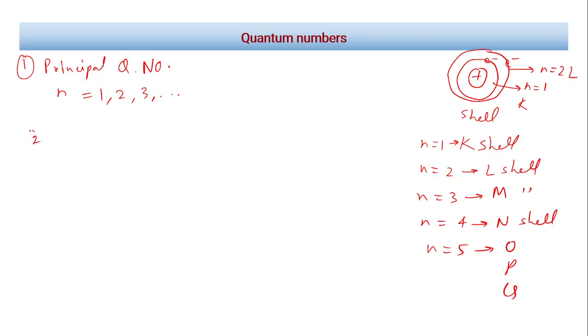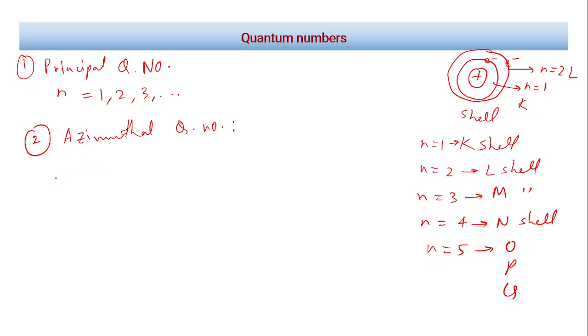Okay. The second type of quantum number is the azimuthal quantum number. I'm sure we have already studied these things in class 11th or 12th, but since this course is basically for bachelor's students, I think revising these things is not a bad idea.